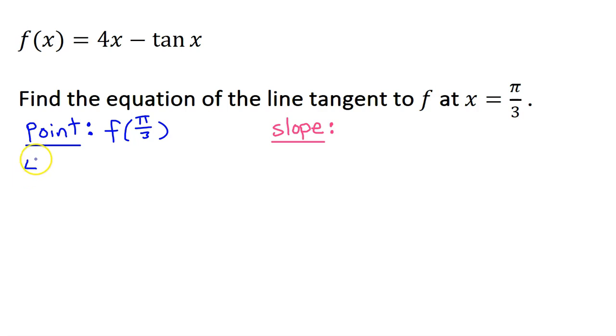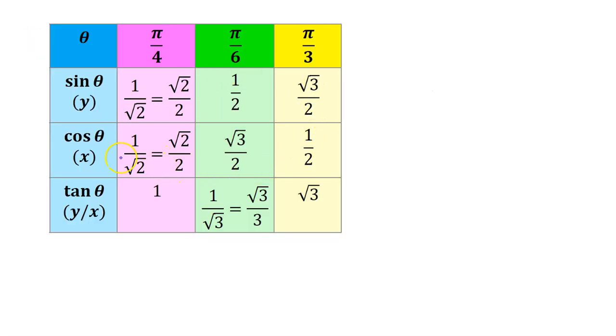So that's going to be 4 times pi over 3 minus the tangent of pi over 3. Hopefully you memorized these 9 trig values long ago, including the fact that the tangent of pi over 3 is radical 3.